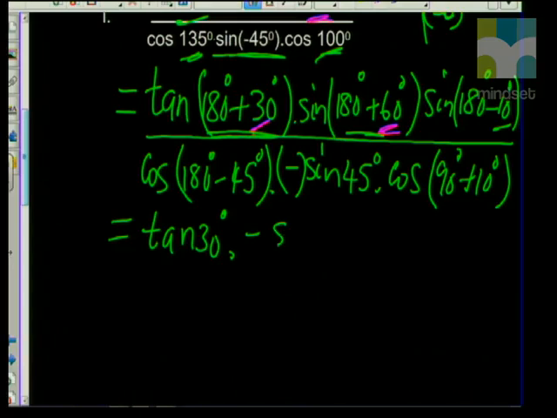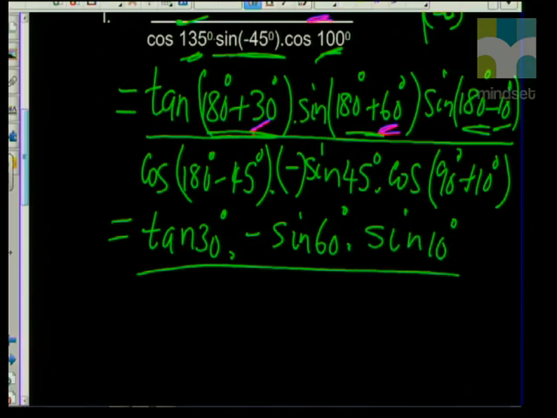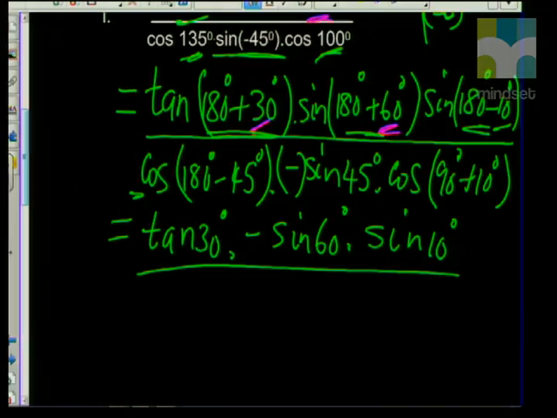So I get negative sine of 60 times 180 minus, that's the second quadrant. Sine is positive, so I get positive sine of 10, all divided by 180 degrees minus, which is the second quadrant, and it is a sine quadrant. So in other words, your cos is negative, so I get negative cos of 45 degrees.